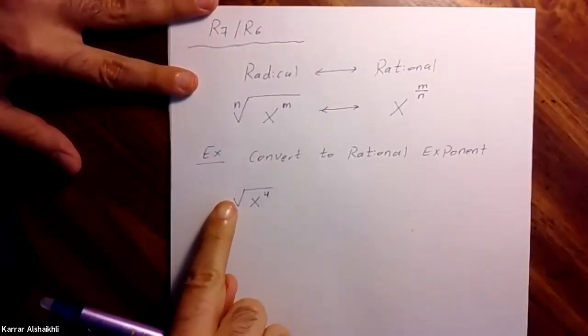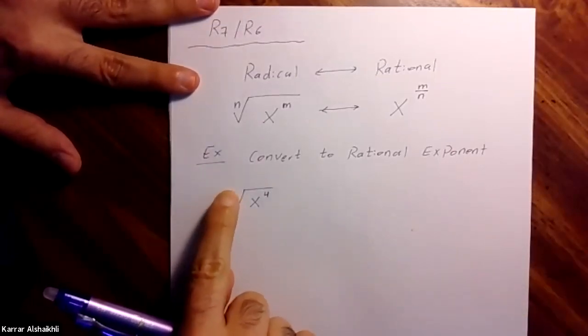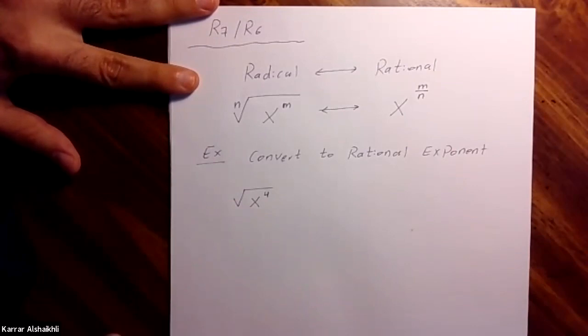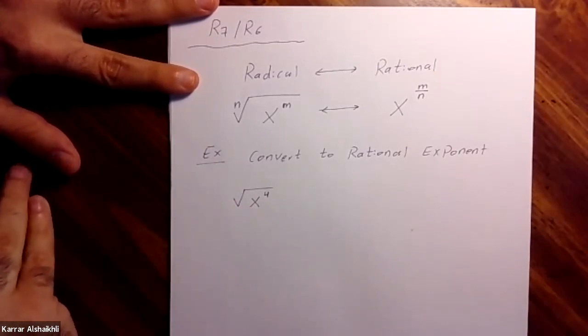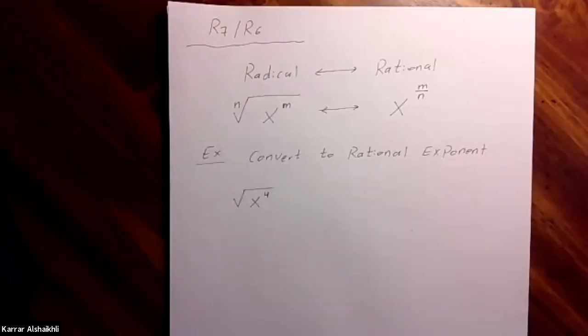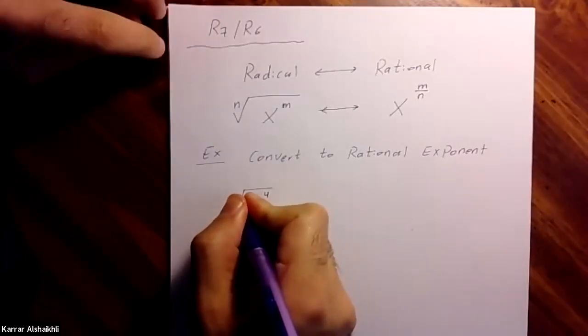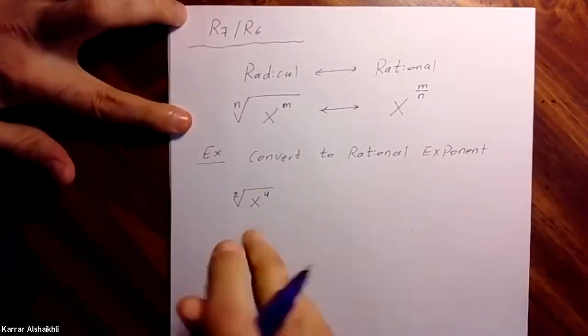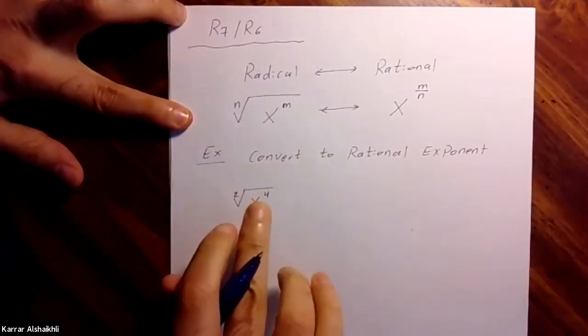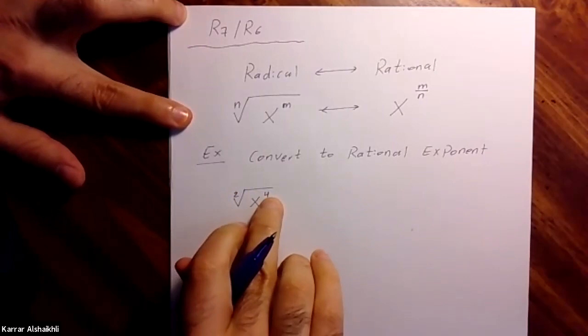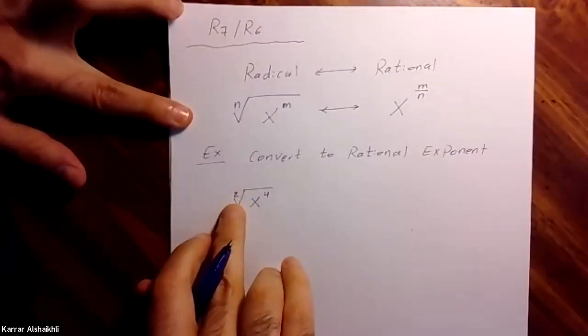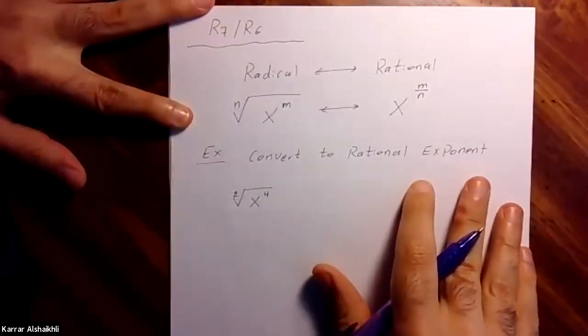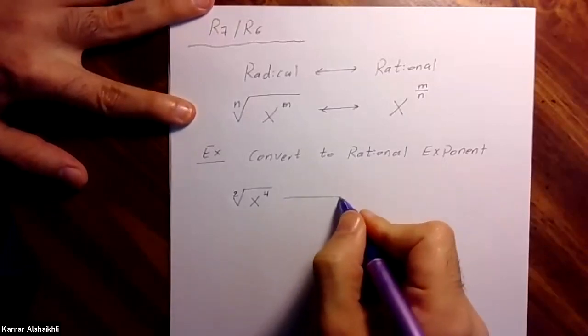If there is no number here, that means 2. There is always 2 here if there is no number. So this is the square root of x to the power 4. Now I need to convert it to the rational exponents.